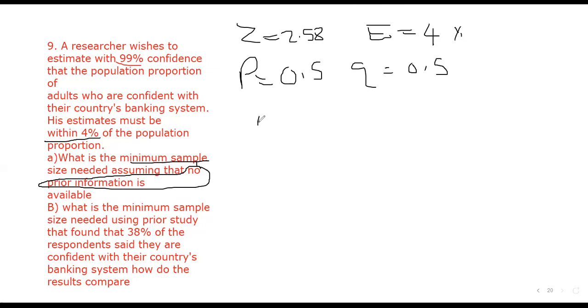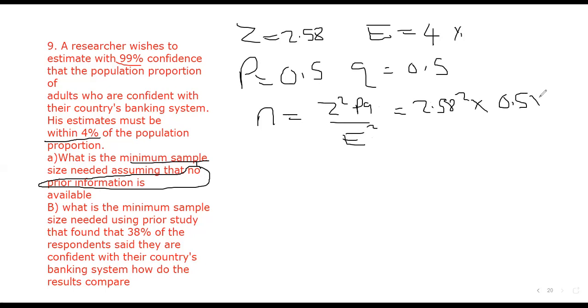So the sample size N is Z squared PQ over E squared. Here we have 2.58 squared times P is 0.5 and Q is 0.5, and error is 4%, which is 0.04.